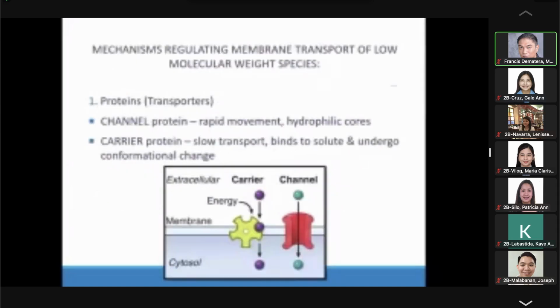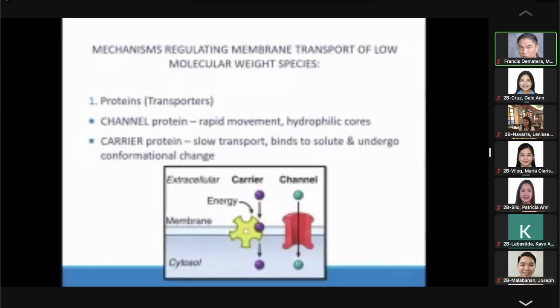So here we have mechanisms that regulate membrane transport of low molecular weight species. So we have proteins, type of transport, and water movement. So proteins are transporters. We have channel proteins.